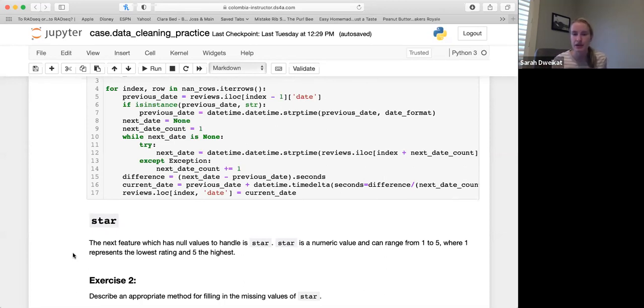This is where people gave a review and then gave the business a star rating between 1 and 5, where 1 is the lowest and 5 is the highest. So let's do exercise 2. Describe an appropriate method for filling in the missing values of star. So think about what we might do to fill in those values, if at all.